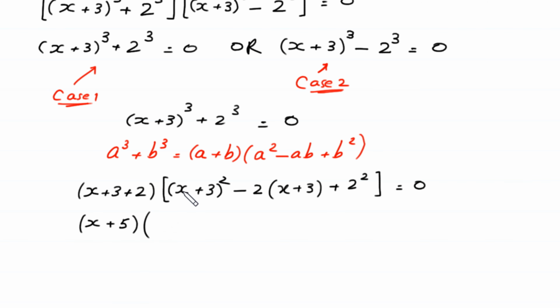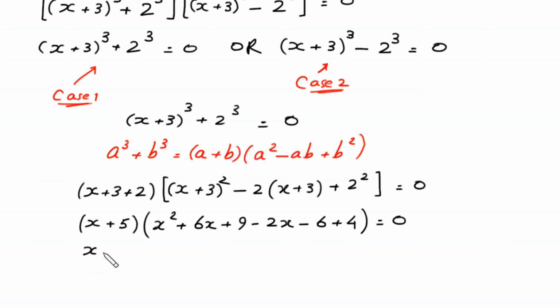times this (x + 3)^2, which is x^2 + 6x + 9. Negative 2 times x is −2x, and negative 2 times 3 is −6, plus 2^2 is 4, equal to 0.